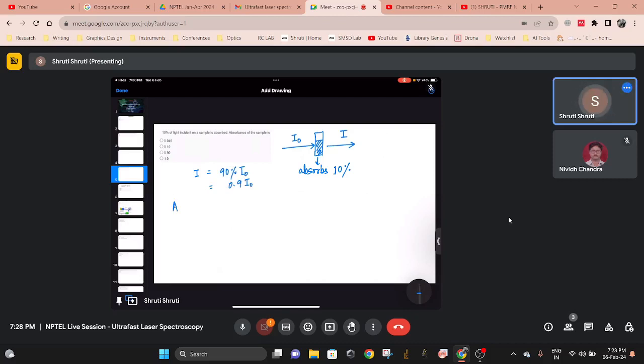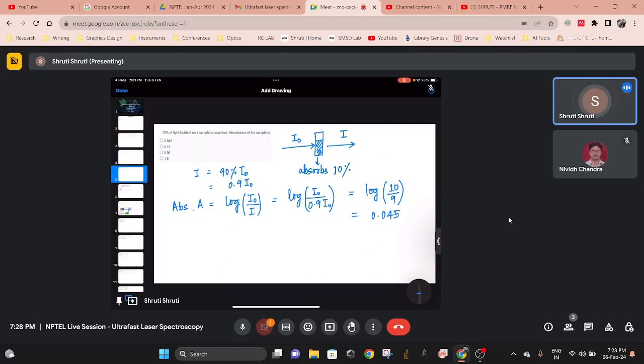Then absorbance is log I naught by I. If I plug in the values, I is 0.9 I naught, and if you do the calculation, it will come as 0.045.